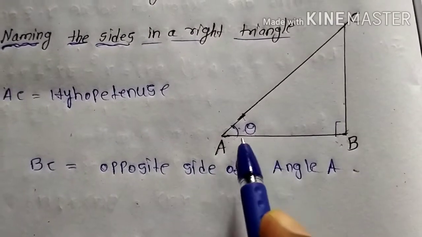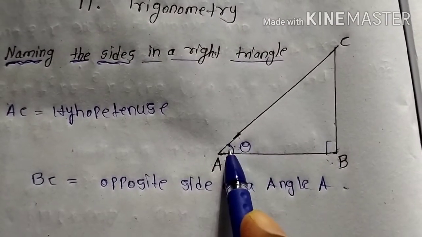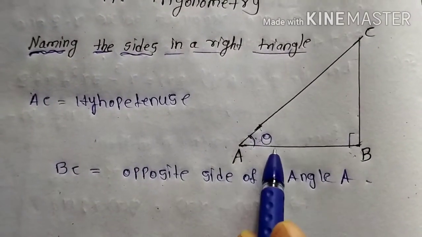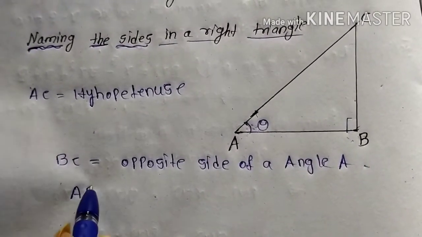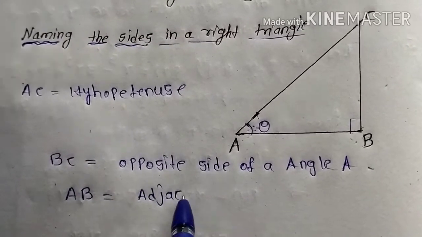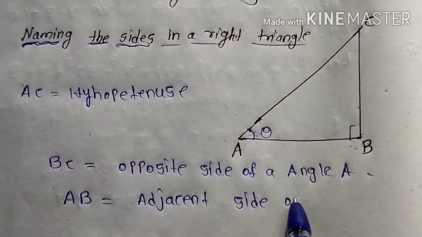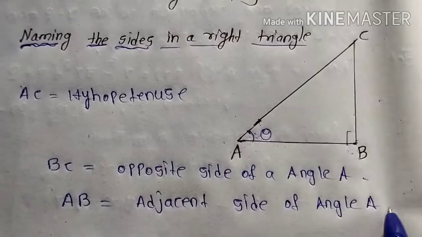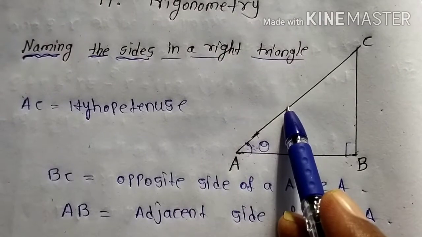In the similar way, observe AB. What is the position of AB with respect to angle A? It is adjacent. So I can write here AB is equal to the adjacent side of angle A. We have discussed the longest side is hypotenuse.